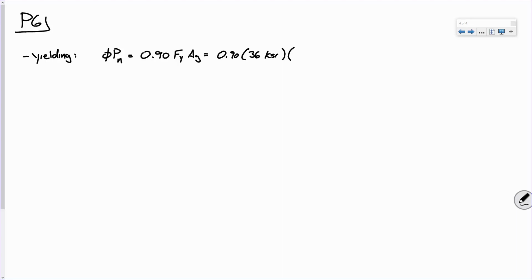So problem 6. So for yielding, the phi Tn, it's tensile capacity, it doesn't matter, is 0.9 Fy Ag. So that's 0.9 times 36 ksi times what?